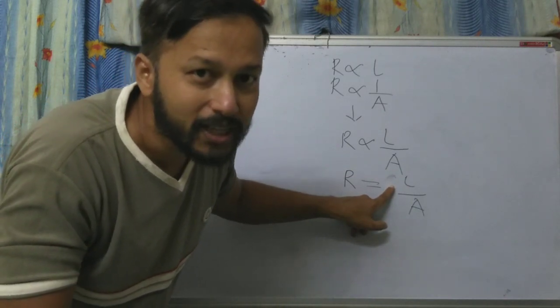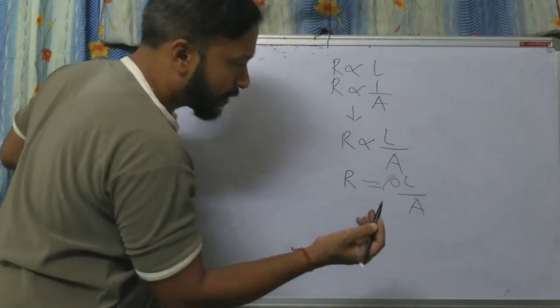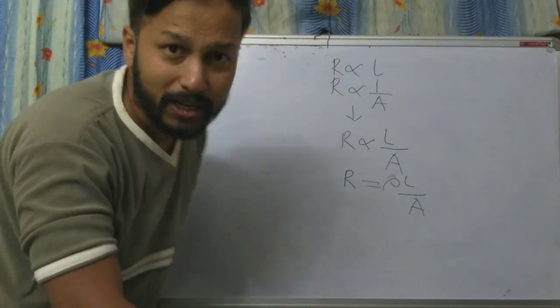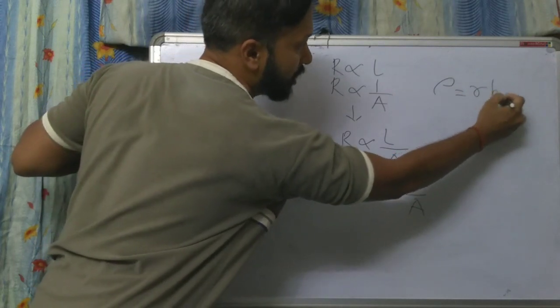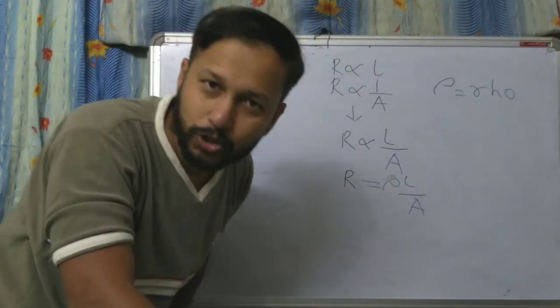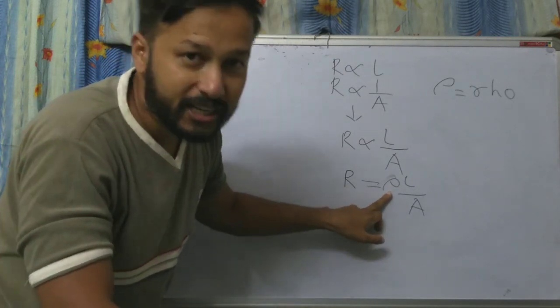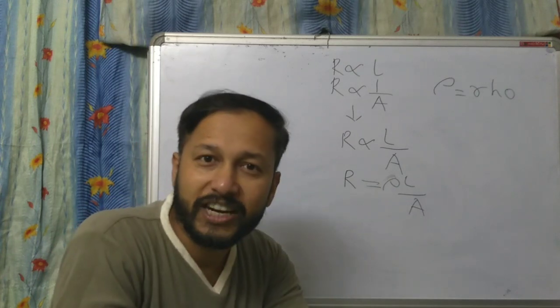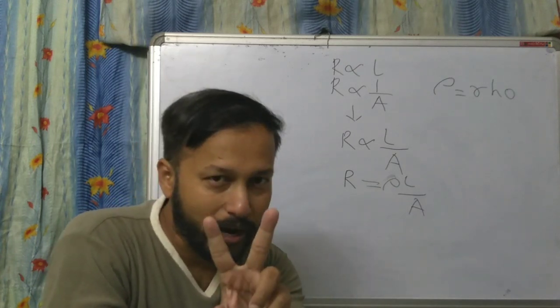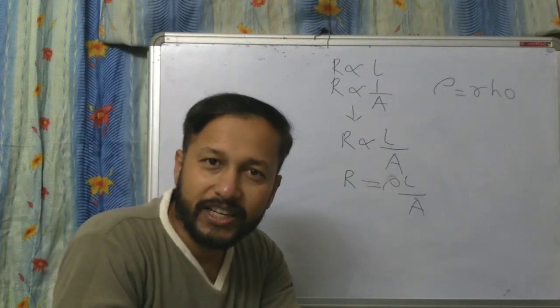This symbol is called rho, R-H-O, rho. Understood? And the name of this constant is resistivity or specific resistance. Yes, it has got two names, specific resistance or resistivity.